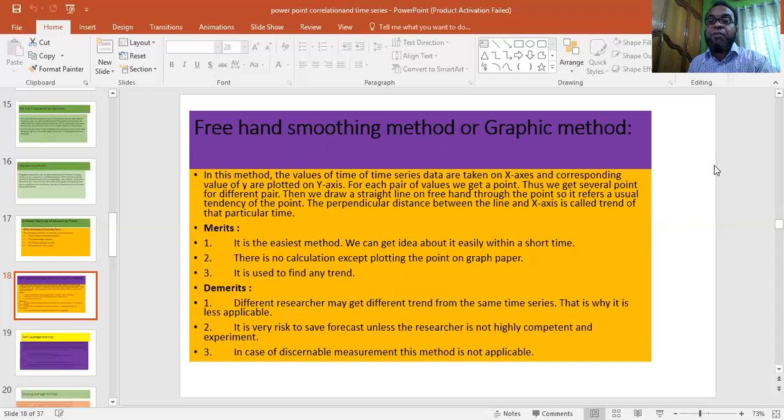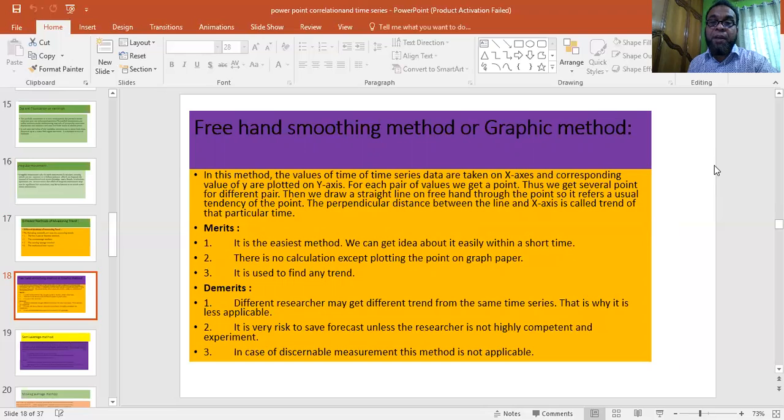So in the graphical method, first you will take a graph paper, and you will take OX as the x-axis and OY as the y-axis, and in the x-axis you will put the time or year. In the y-axis you will put the given data corresponding to time. Then for each pair of values, you will get a point.